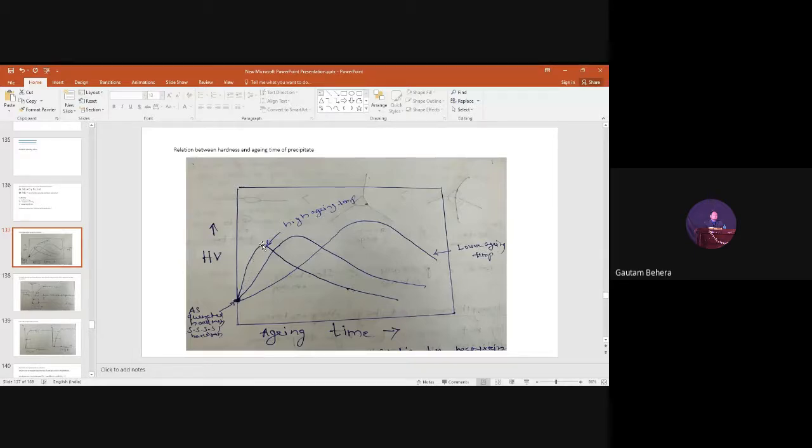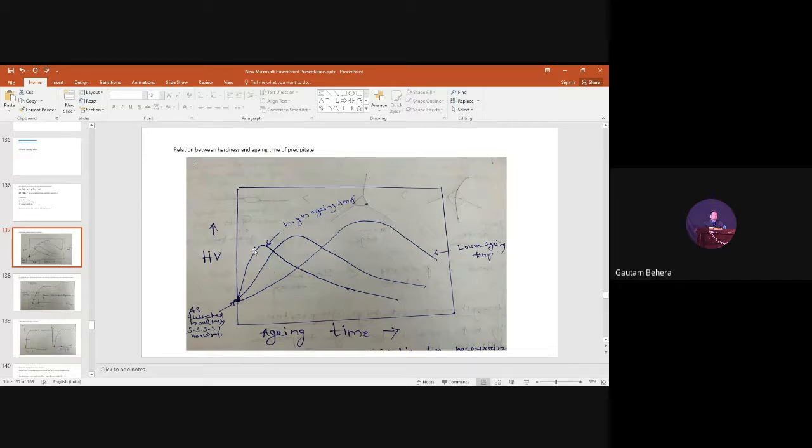It reaches a maximum value that is called the peak value. Then again with aging time, the hardness is decreasing. Similarly, you can take any of them. The trend is the same. With aging time, the hardness increases, reaches a maximum value, the peak hardness, and then the material hardness decreases with aging time.